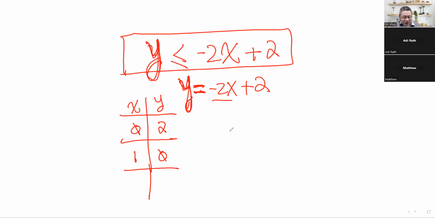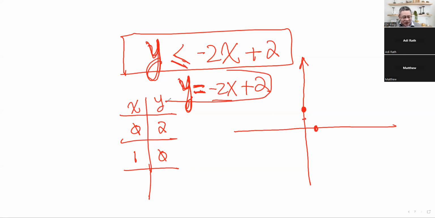So it doesn't matter which 2 points. So in this case, first we find that the y-intercept is here, the x-intercept is here. Because we have the equal sign there, we have to include this line. And we get a line like that.